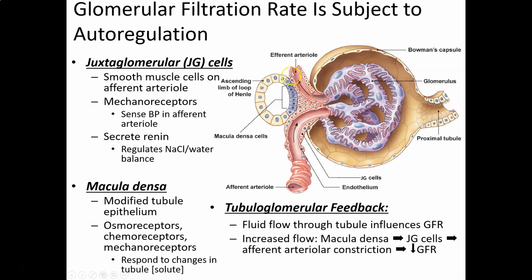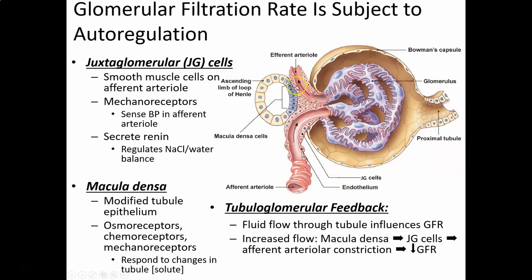And so those JG cells are what help to look at the pressure and stretch within the afferent and efferent arteriole, and then they can dilate or constrict appropriately. In addition, they secrete the renin, which helps to activate a hormone called angiotensin.